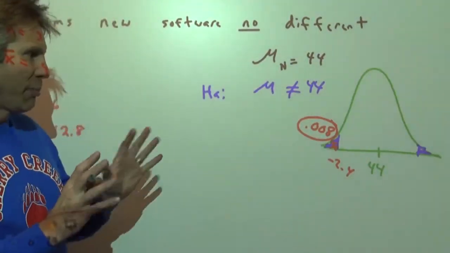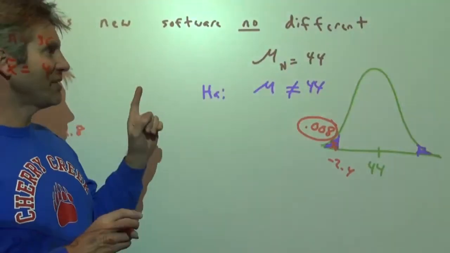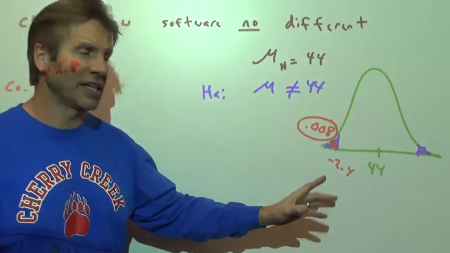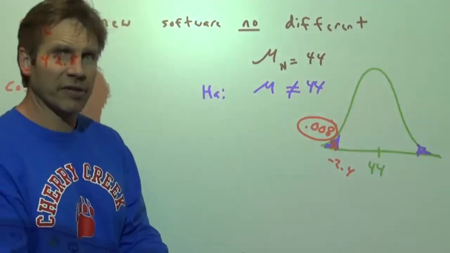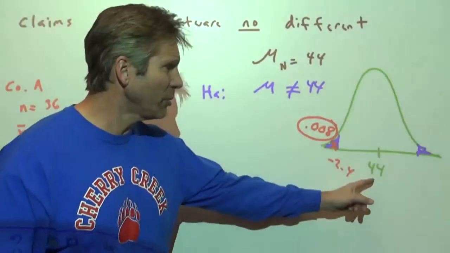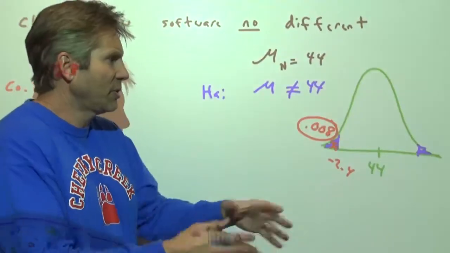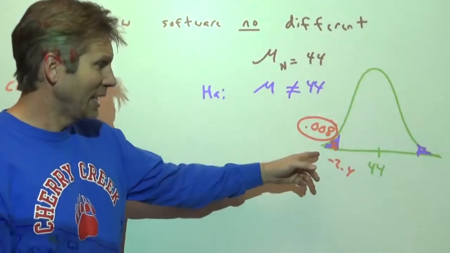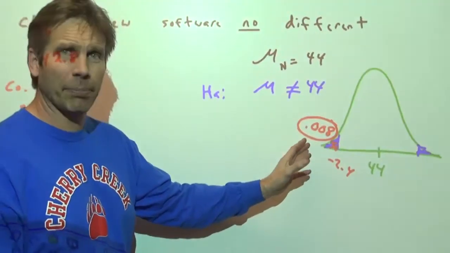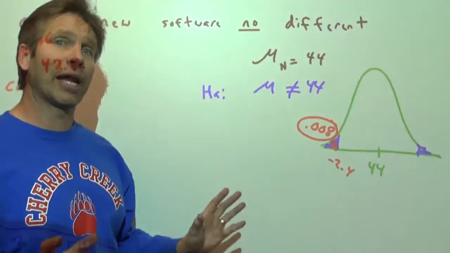Before you make your conclusion, you have to continue to assume innocent until proven guilty. Assume the null is true until there's enough evidence to suggest otherwise. So we're still assuming the null is true at this sampling distribution. We're just exploring how unusual our result was. Well, it should happen only 0.008 of the time due to random chance.